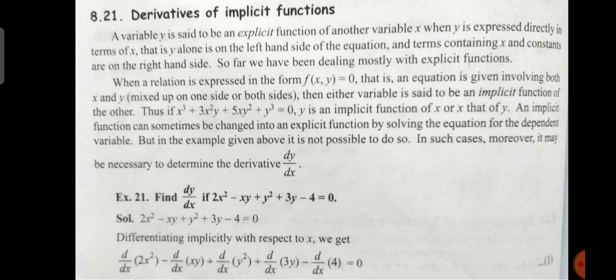Then that is d by dx of 2x square minus d by dx of xy plus d by dx of y square plus d by dx of 3y minus d by dx of 4, which is equal to 0.